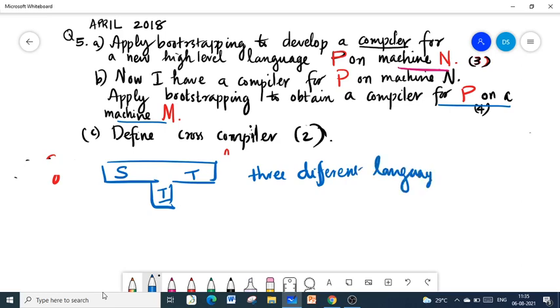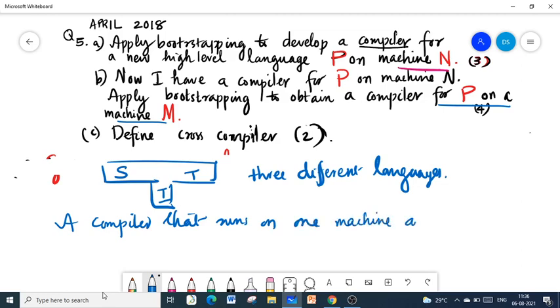So we can define a cross compiler as a compiler that runs on one machine and produces target code for another machine.